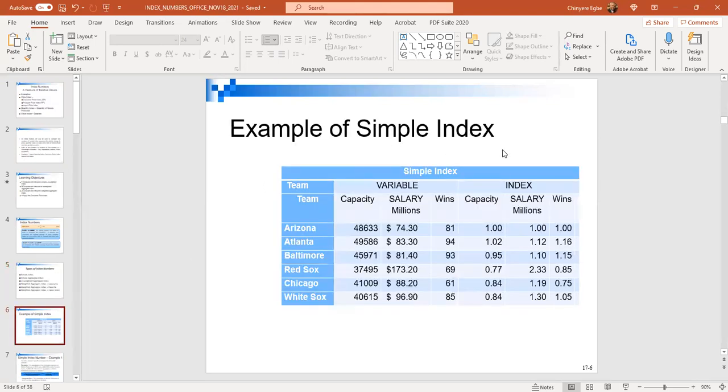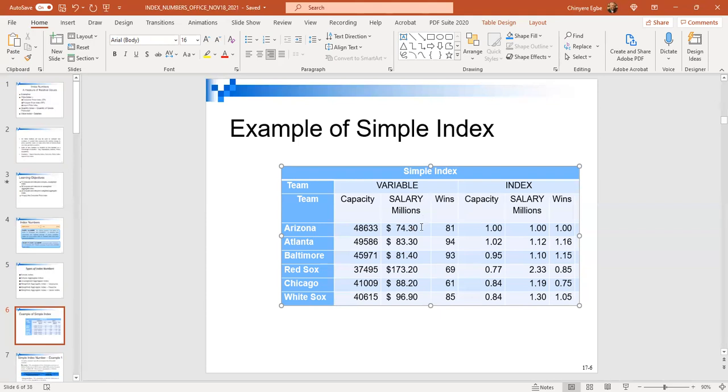Now, this is an example of a simple index, and I'm going to illustrate this quite easily. For example, you are looking at the stadium capacity of football games. And so here you have Arizona has a capacity of 48,000 seats, Atlanta 49,000, Baltimore 45,000, and so forth and so on.